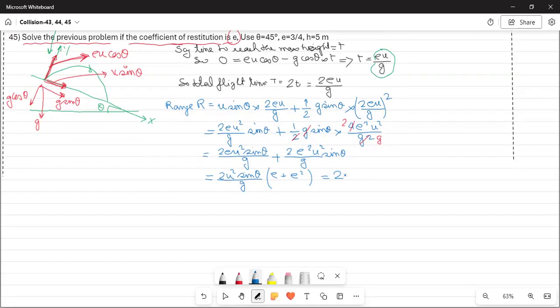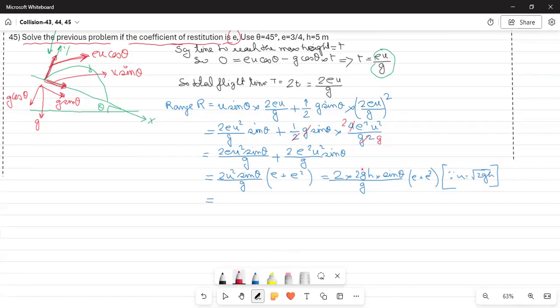So u squared is 2gh. This is equal to 2 sin theta by g into 2gh into e plus e squared. Now this g and g get cancelled.